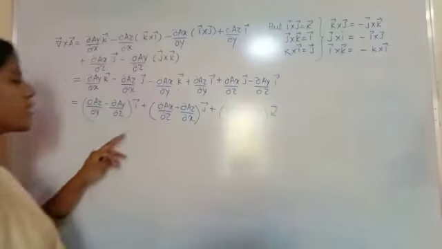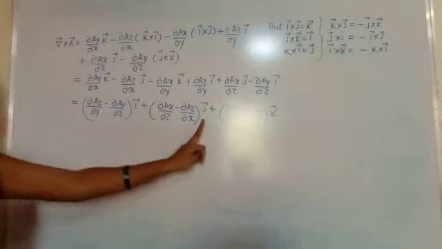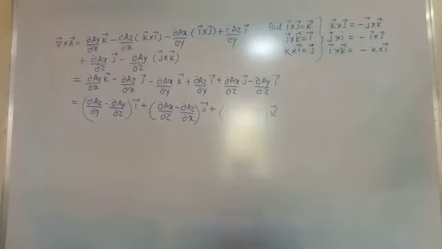So we get the three components i, j and k.